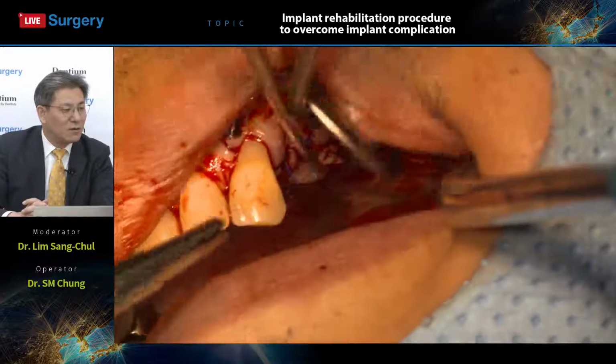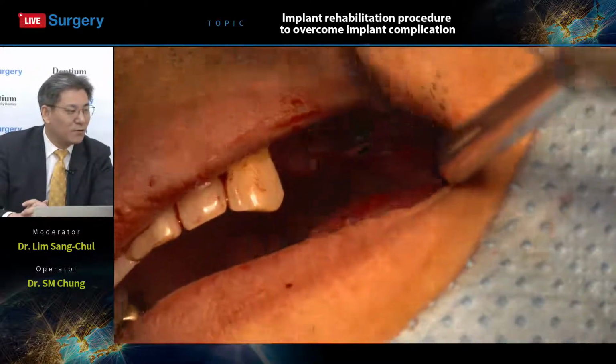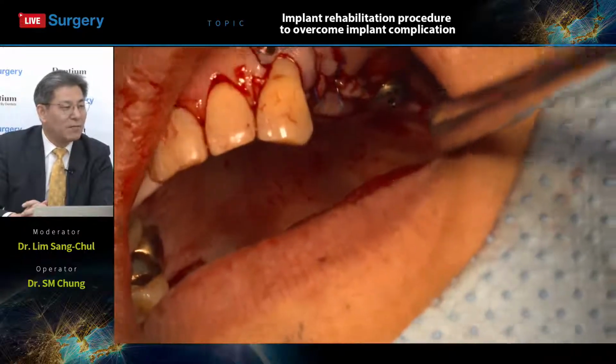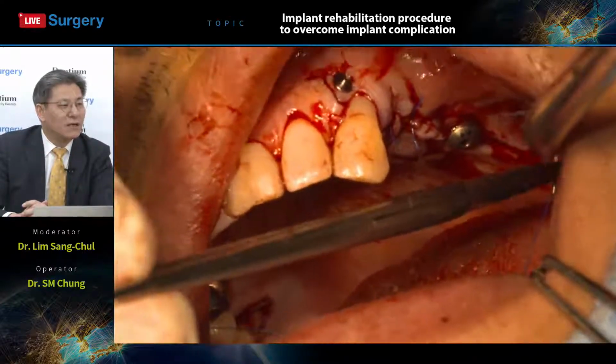So okay, he wants to use another pin for fixation of flap instead of suturing.